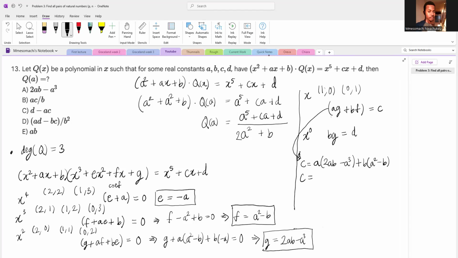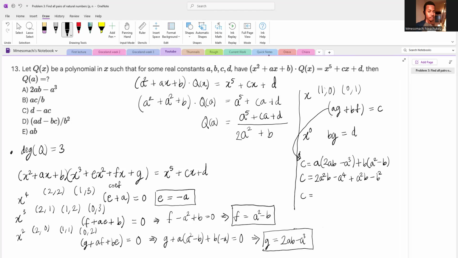C is going to be equal to 2A squared B minus A to the power of 4 plus A squared B minus B squared.